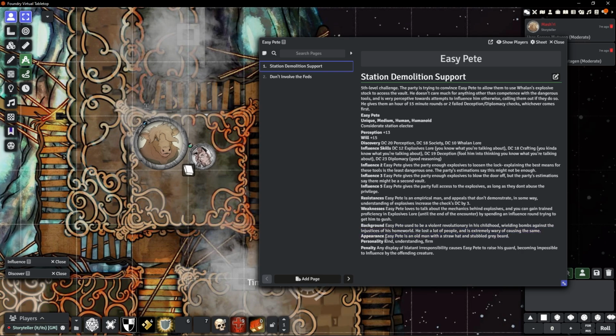His personality should generally be kind, understanding, but firm. And then finally, you can toss on a penalty or any kind of special modifier to an encounter. In this case, any display of blatant irresponsibility causes Easy Pete to raise his guard, becoming impossible to influence by the offending creature.